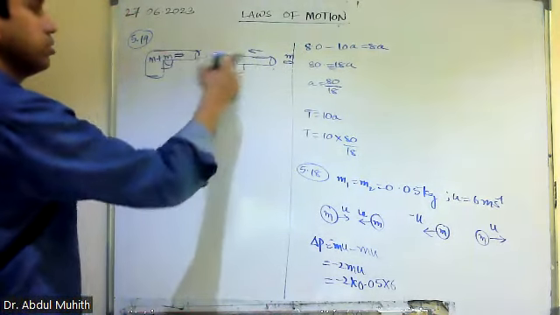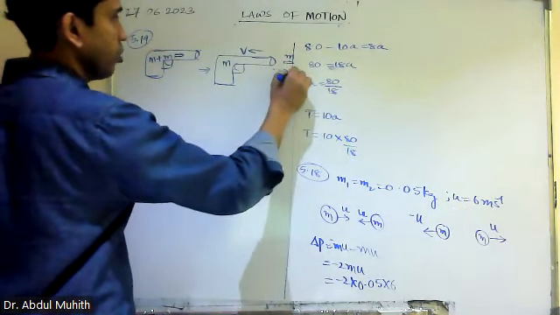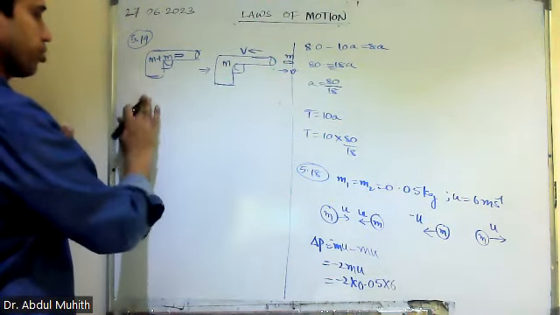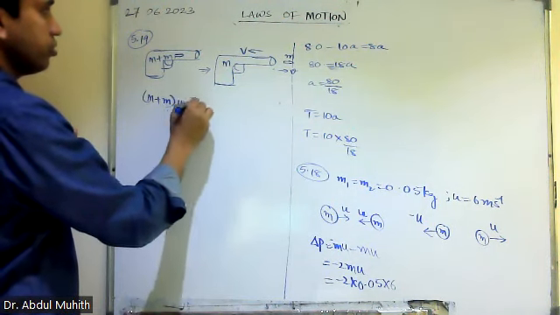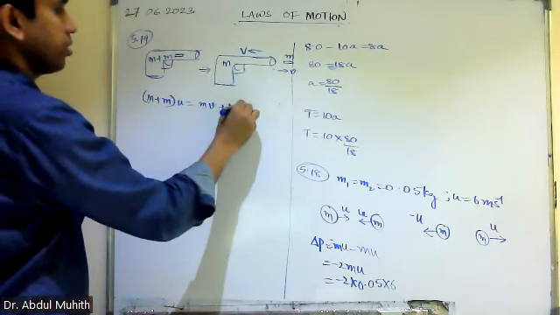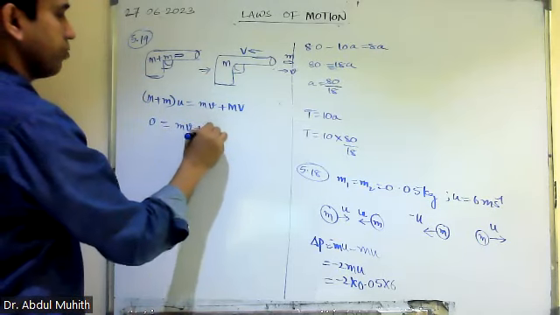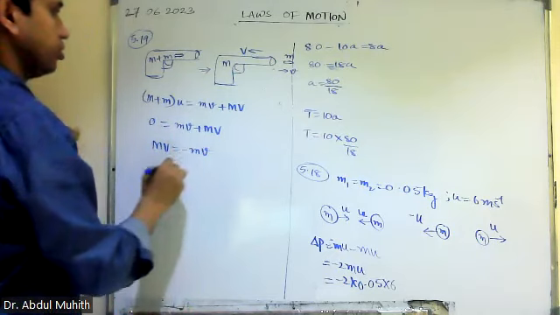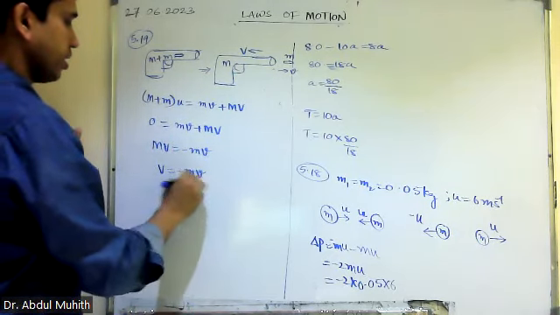This is the recoil velocity V, and this is small v. The sum of the momentum before collision, (M plus m) into u, is equal to m into v plus M into V. So 0 equals mv plus MV, so MV is equal to minus mv. So we have recoil velocity V equal to minus mv by M.